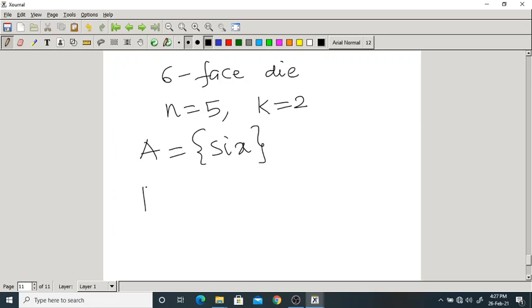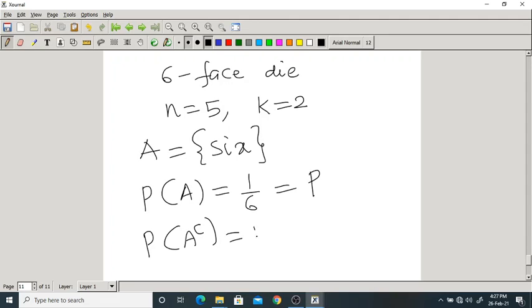So what is the probability of occurrence of 6? If you roll a die, it is equiprobable. Occurrence of 1, 2, 3 all are the same, which means the probability of occurrence of A is 1 over 6. That is nothing but p. The occurrence of A complement is 1 minus 1 by 6, that equals 5 by 6, that equals q.